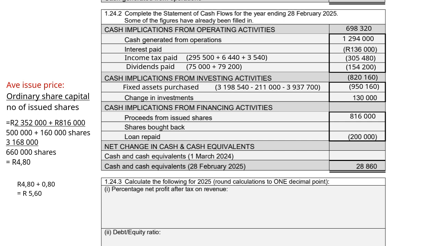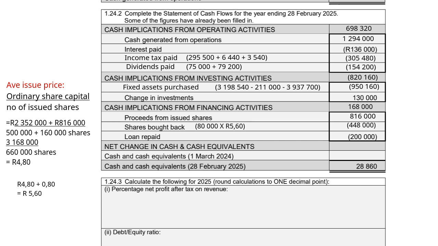So shares bought back would be 80,000 shares at R5.60, and that's going to give us 448,000 in brackets, as it's an outflow of cash. So our cash implications from financing activities will be your proceeds from issued shares minus your shares bought minus your loan repaid, to give you an amount of 168,000.